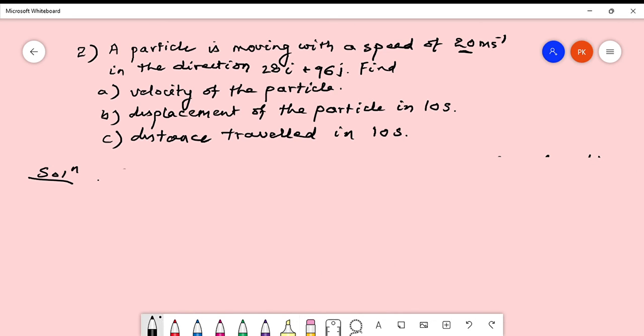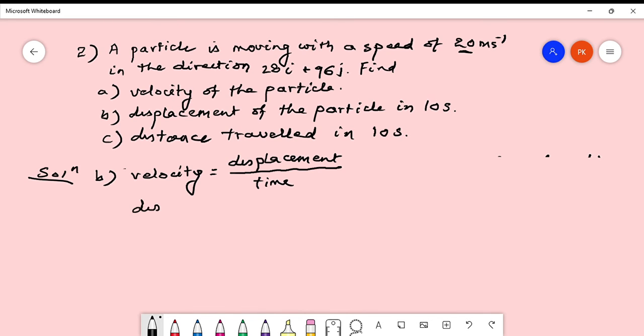Again, the velocity is displacement divided by time, and hence displacement is velocity into time.